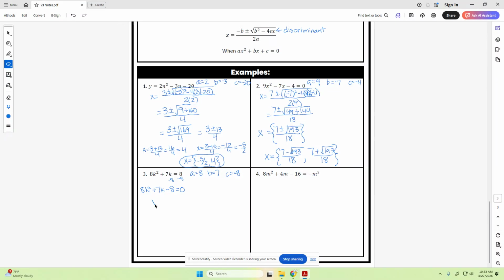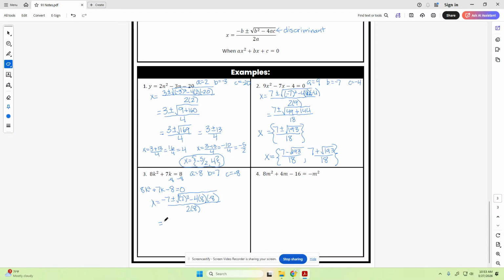So we're going to plug in, and we're going to have negative 7 plus or minus the square root of 7 squared minus 4 times 8 times negative 8, all divided by 2 times 8.